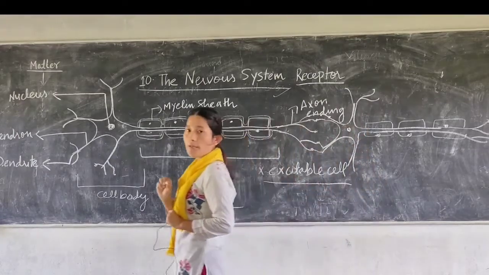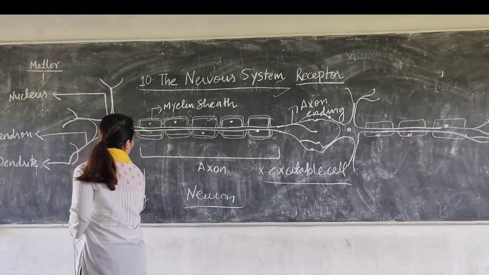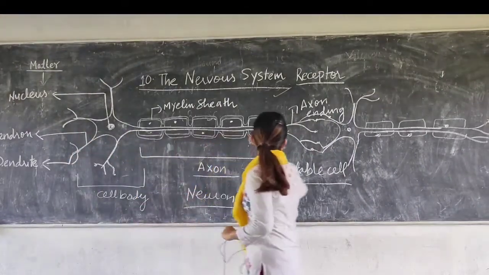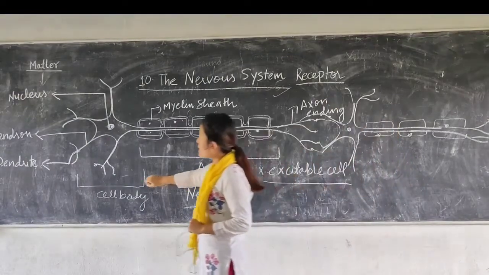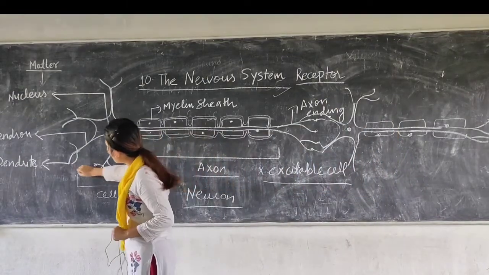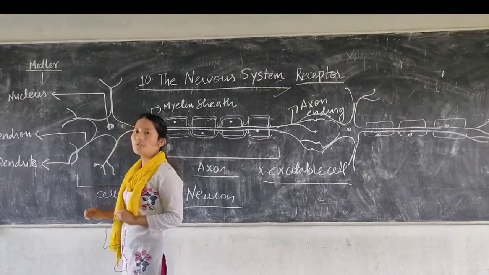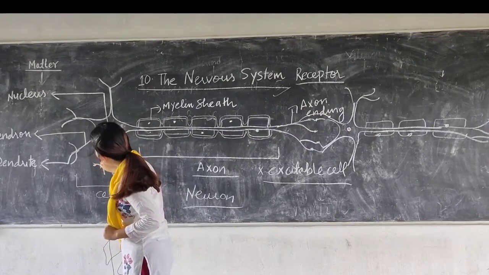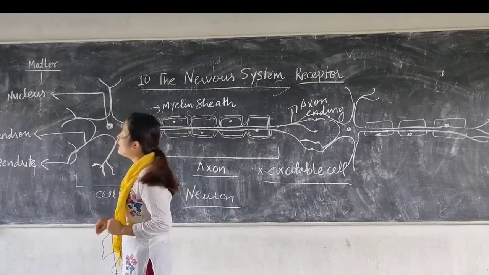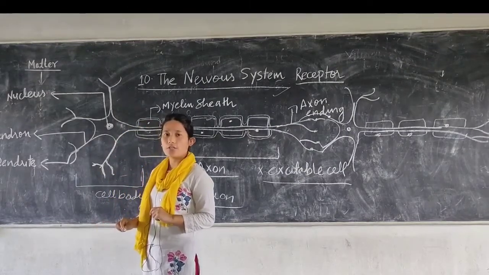It has 3 main parts: cell body, axon, and axon ending. First let us consider the cell body. Cell body resembles your cell, except that you have a branch-like structure here. This branch-like structure is known as dendrite.